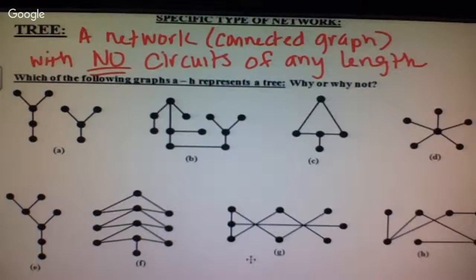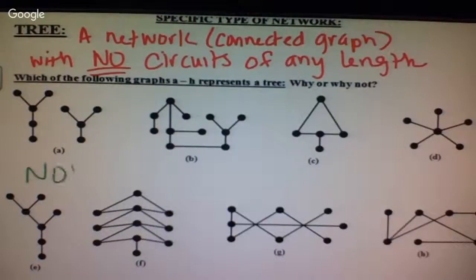So take a look at letter A. If you had to choose tree or not, would you say graph A is a tree or not? I heard no and I heard yes. It's not a connected graph. Oh, it's not a tree.